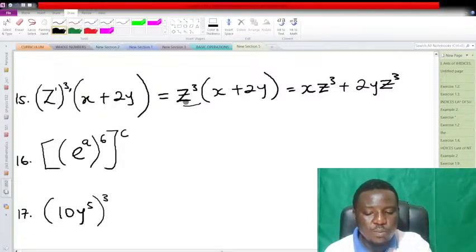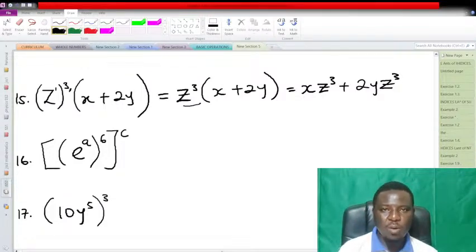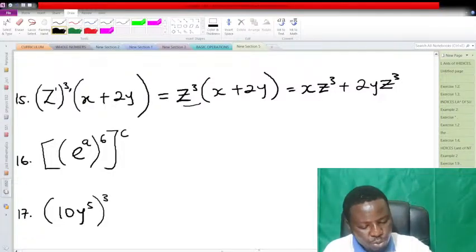That is why when you multiply z cubed times x, it gave me xz cubed. X comes before z in alphabetical order, and as well as y. Now, when you have a mixture of numbers and letters, the numbers should come before the letters because the numbers are standing in as the coefficients of that letter. Okay? So this is what you will get. I hope you understand now. So let me see you solve question 16 and 17.